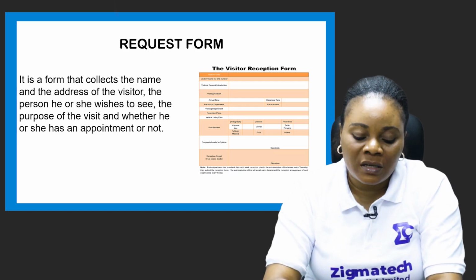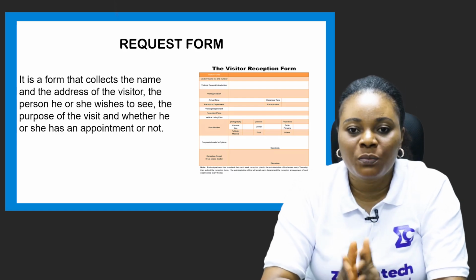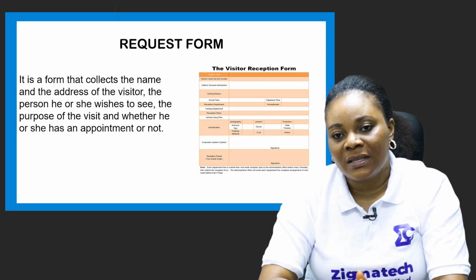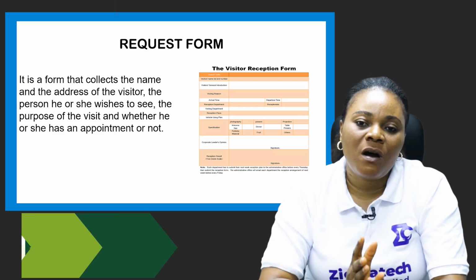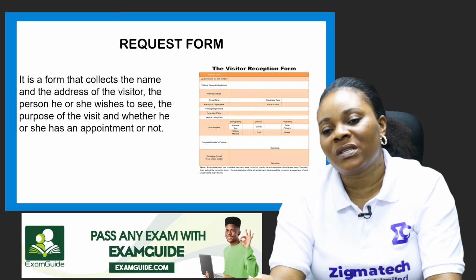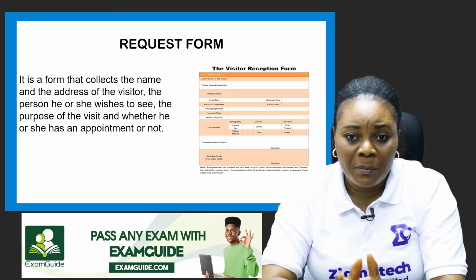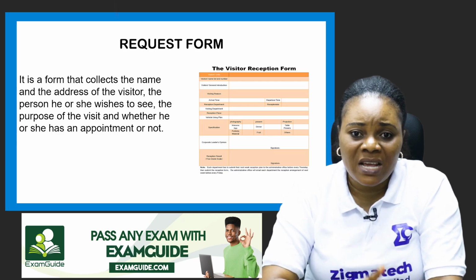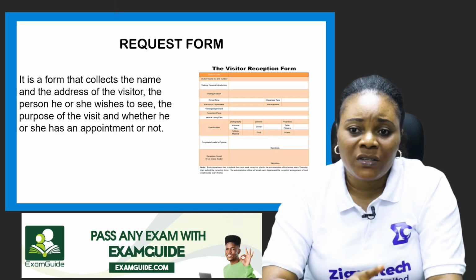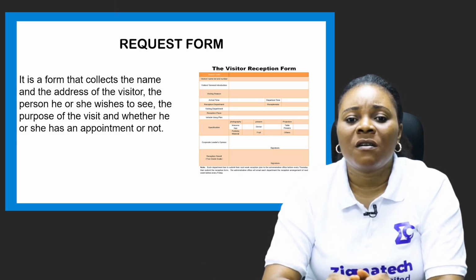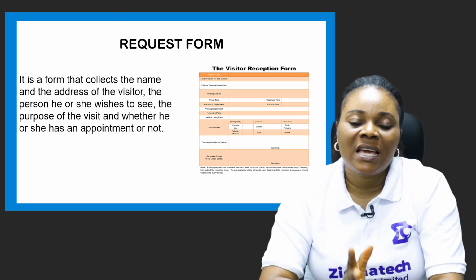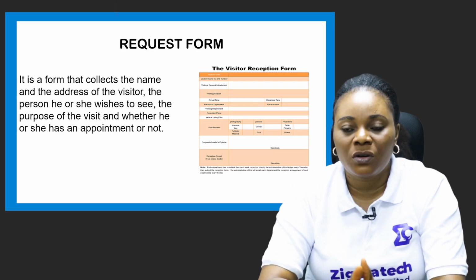Once the visitor calls in, he or she fills the visitor's book to have the details. Then before the visitor is allowed to go into the director's office, the request form has to be filled appropriately: put in the name, the address, the name of the director, the purpose of visit, and you indicate if the person has an appointment or not.